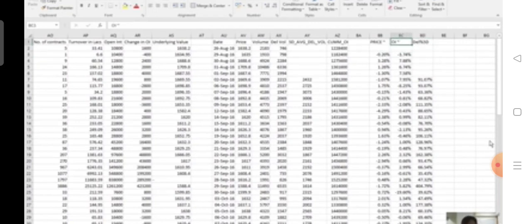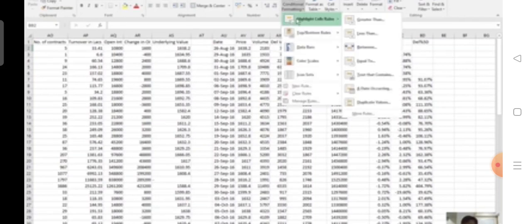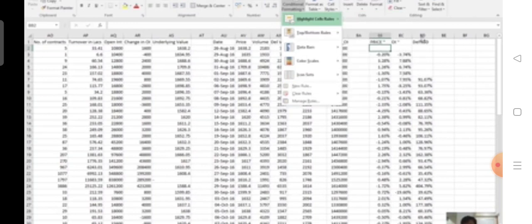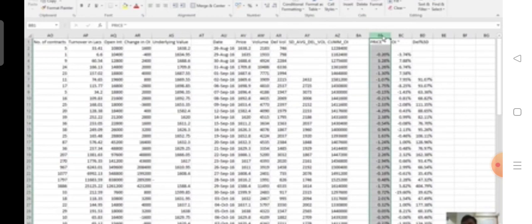I suggest we introduce conditional formatting also as part of our working. This conditional formatting will help us in identifying an outlier out of this data point. So let me introduce conditional formatting. Conditional formatting highlights cells in case of price change. So I want to apply conditional formatting here.